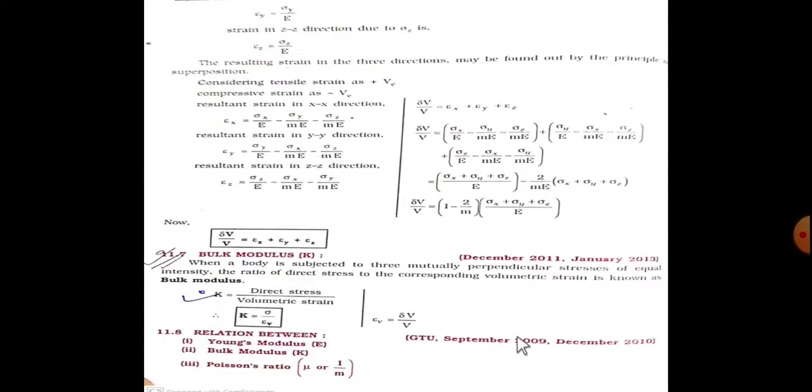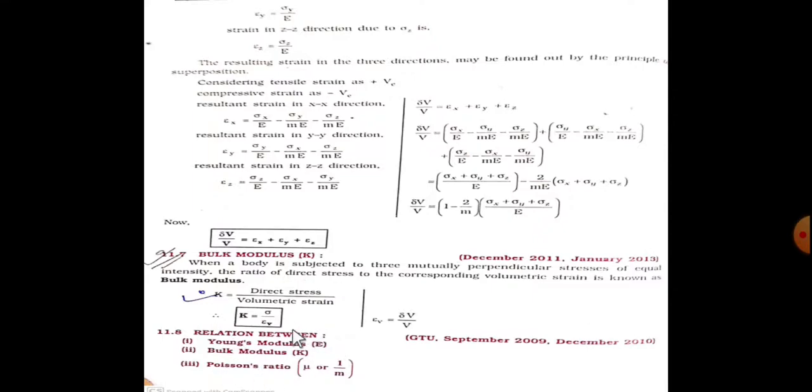Now, bulk modulus. What is bulk modulus? Bulk modulus K is direct stress upon volumetric strain, that means sigma upon epsilon V. We know how we can calculate stress and epsilon V for the particular case. So this is another elastic constant, the bulk modulus. Now we have three major things: Young's modulus, that is E, Poisson's ratio, that is mu or 1 upon m, and the bulk modulus.